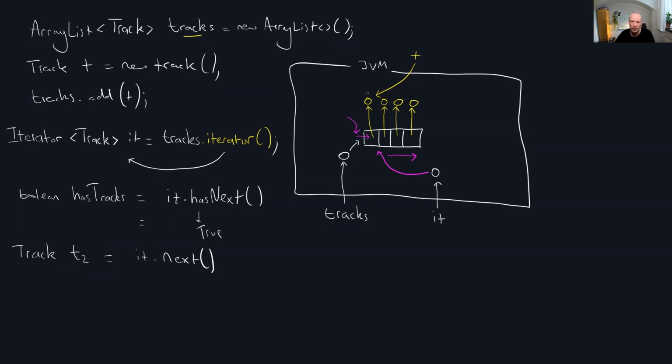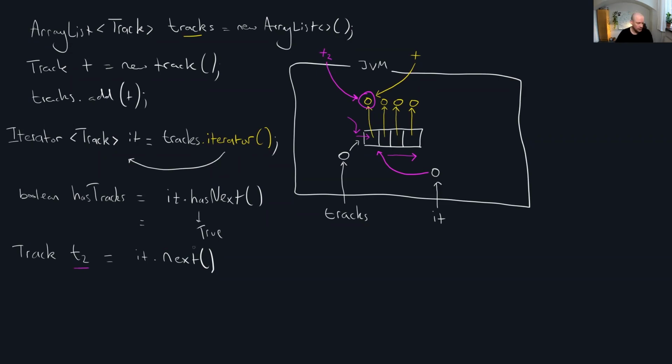It just means now take this element. So then we'll actually have a reference to that, and t2 also now has a reference to this object because we created a line here.